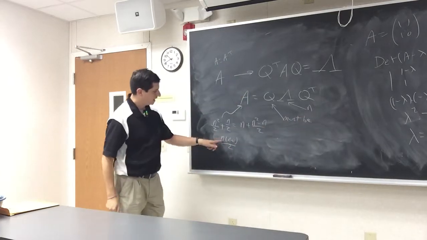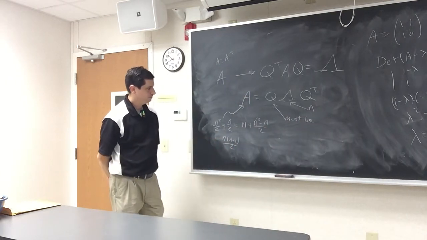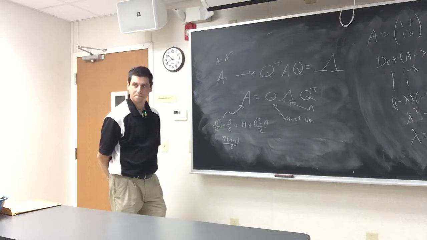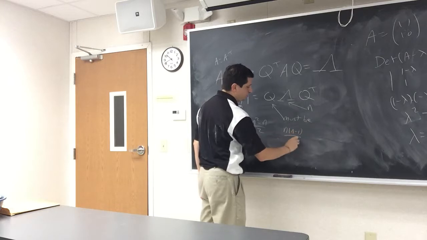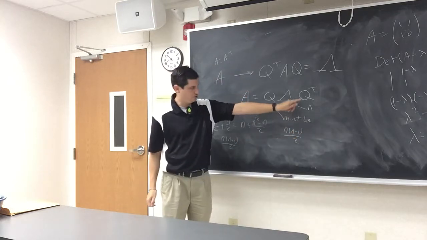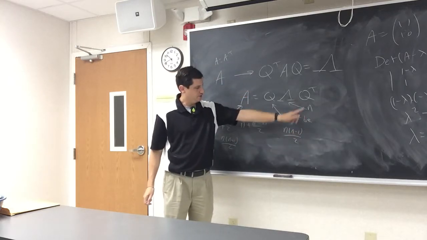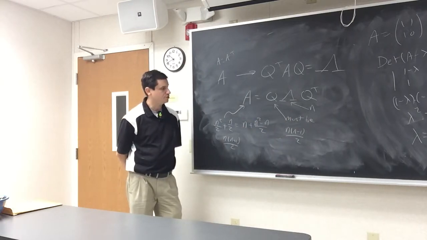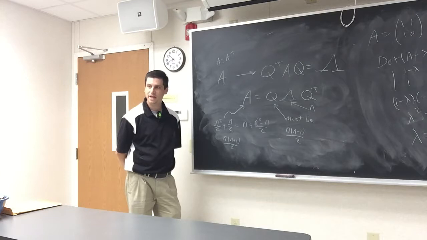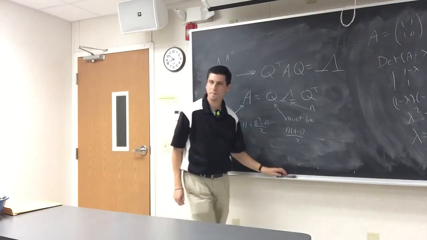Well, it's got to equal n times n plus 1 over 2. So if you have n times n minus 1 over 2, when you then add n, that's 2n over 2. You factor out the n, and you'll get n plus 1. So the number of degrees of freedom of this orthogonal matrix Q must be n times n minus 1 over 2. Most of the degrees of freedom are in Q.